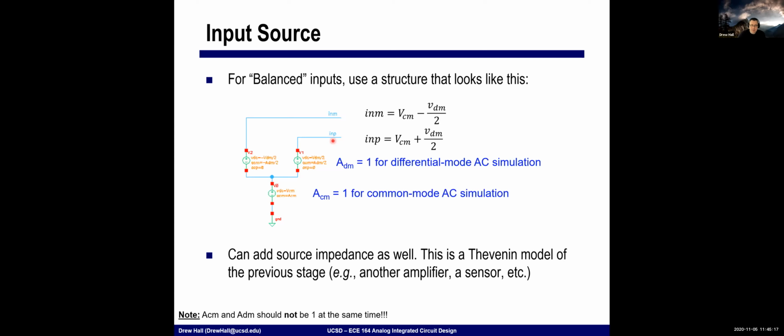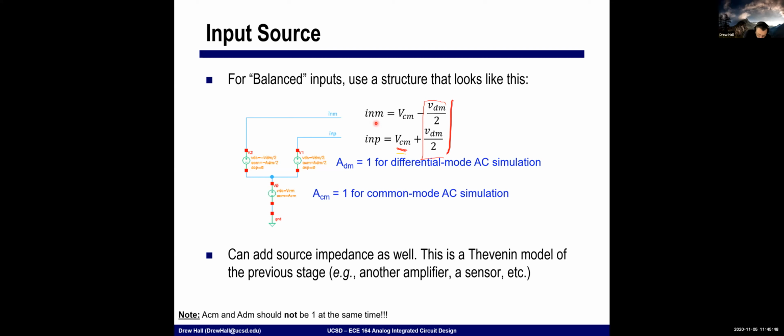If I wanted to build what's called a balanced input, balanced input simply means that I have a fully differential input, where the inputs can be written using this type of structure, where I have a common mode that is the same on both sides, and then I equally split the differential mode between both halves.